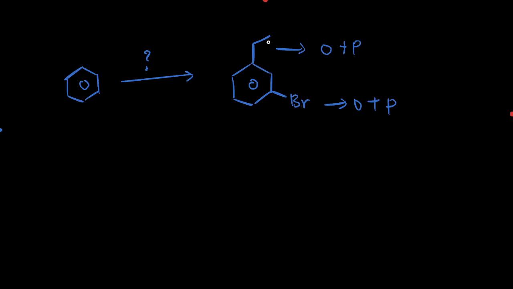So how do we do this? Well, let's think back to the ways that we know to add a carbon chain to a benzene. So far, we've looked at acylation as well as alkylation. These are two ways we've seen that we can attach a carbon-containing chain to our benzene.